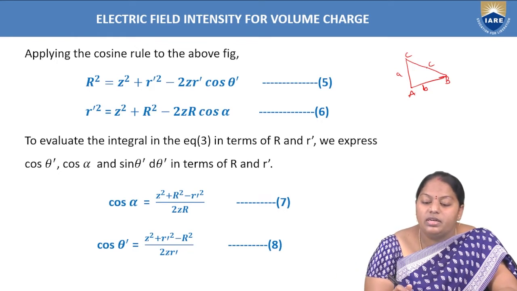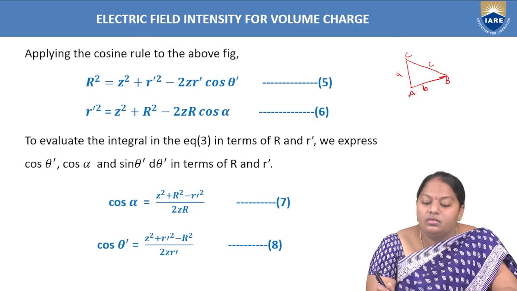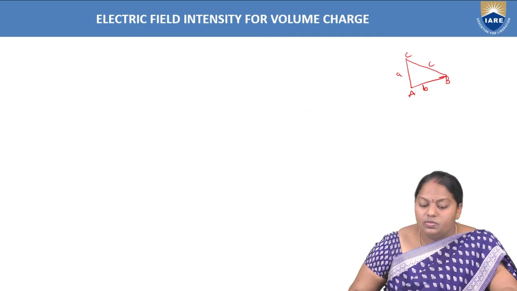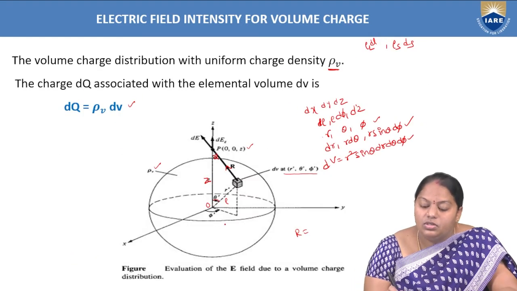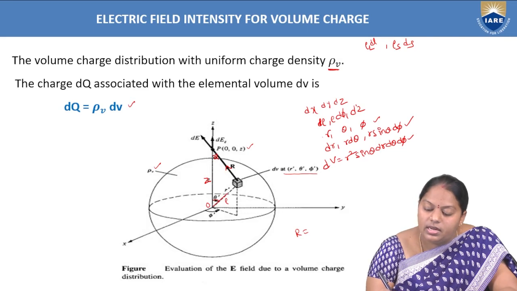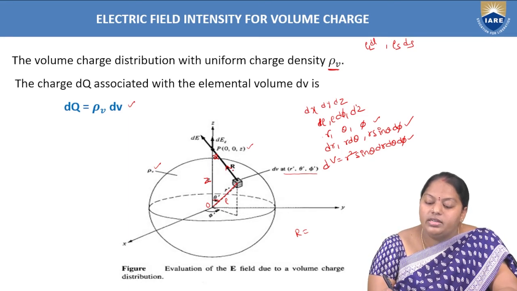Now from this triangle, if you apply the cosine rule, consider this as the triangle with theta dash, r and z, and alpha to be measured.